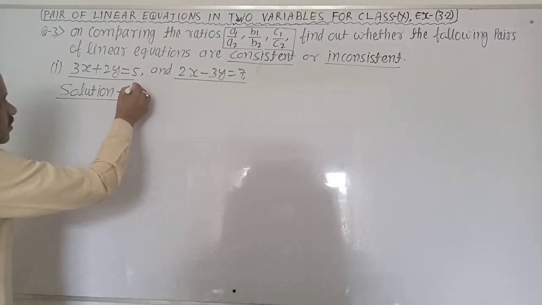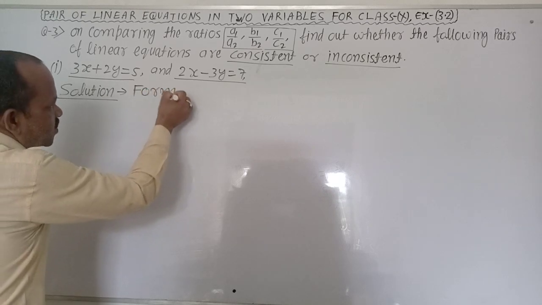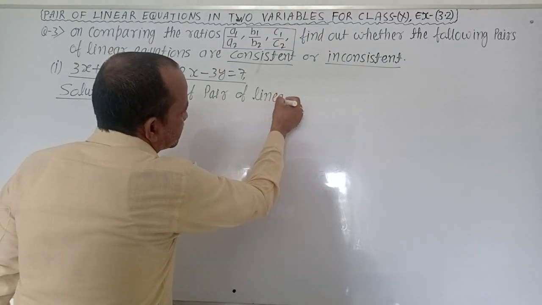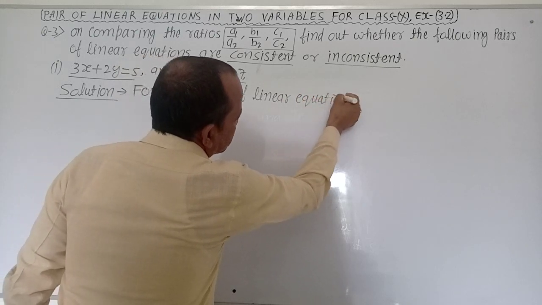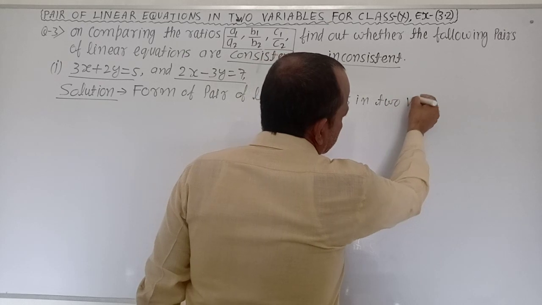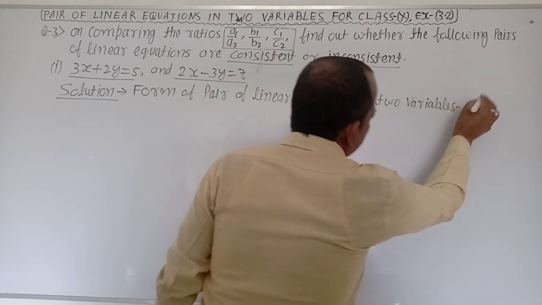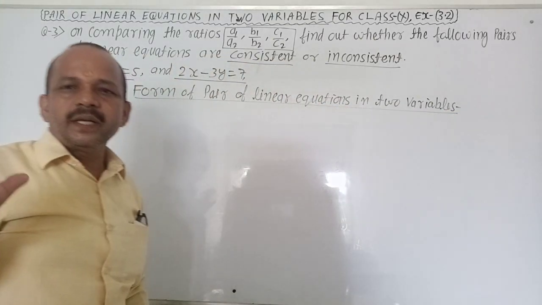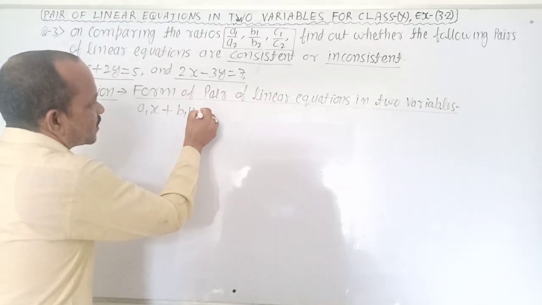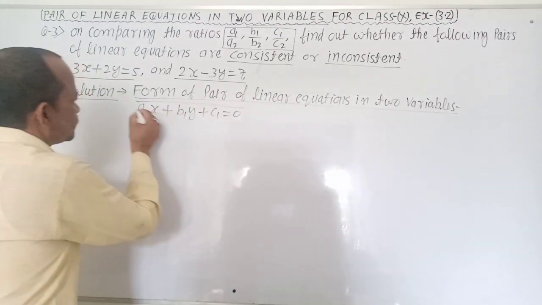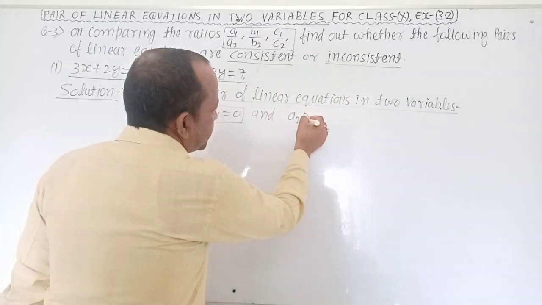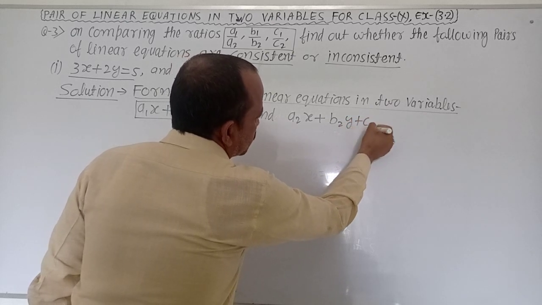See the form of pair of linear equations in two variables: a1x plus b1y plus c1 equal to 0 and a2x plus b2y plus c2 equal to 0.